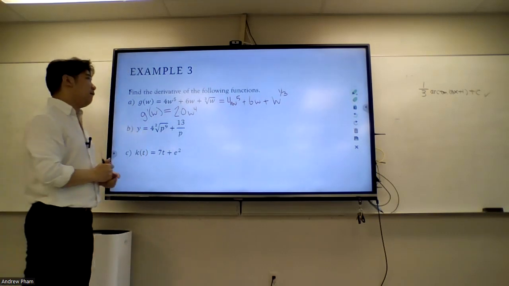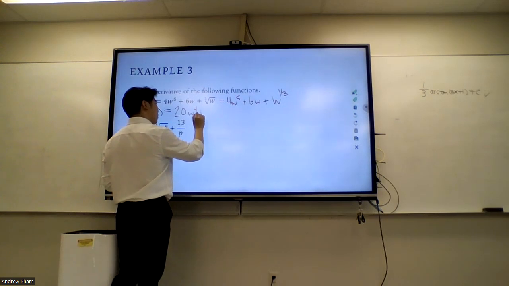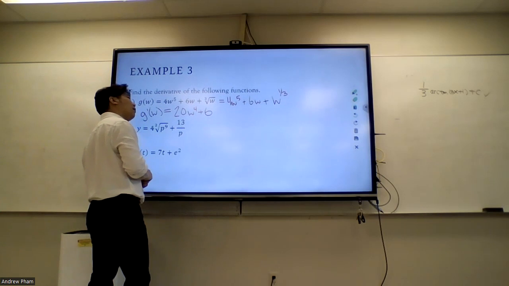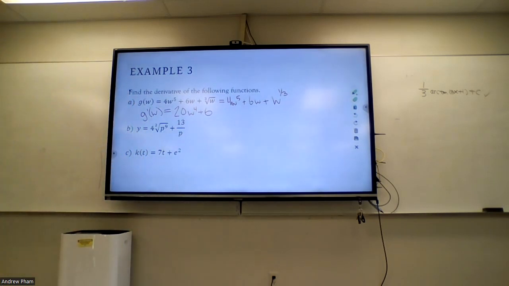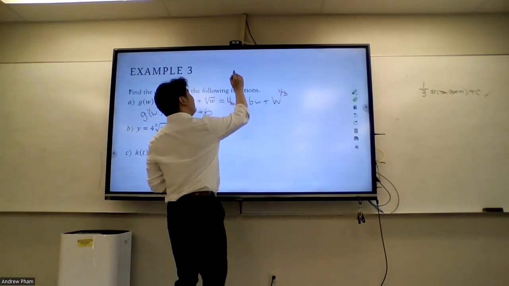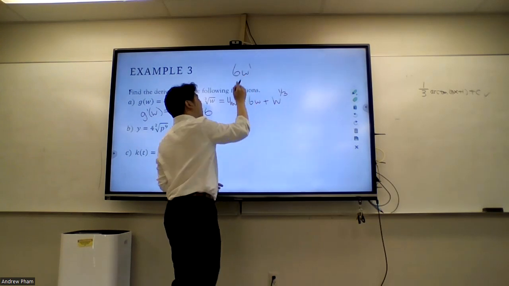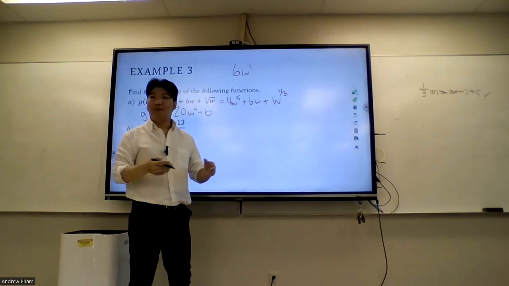What about the derivative of 6w? So in this case, I'm actually going to go ahead and say the derivative of 6w is 6. I'm going to take a slight tangent to show why. I think we can agree 6w is the same thing as 6w to the 1.